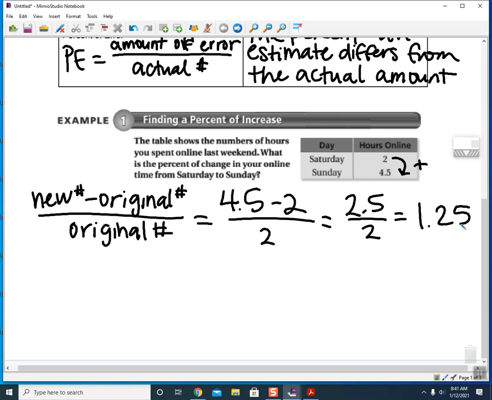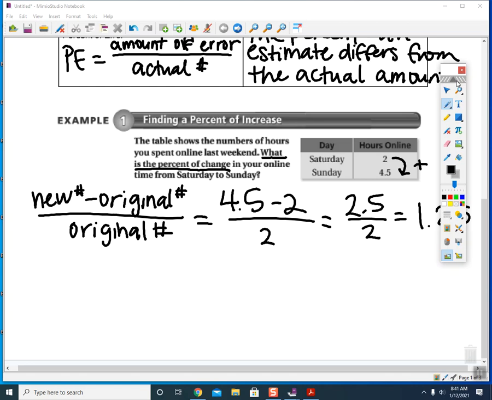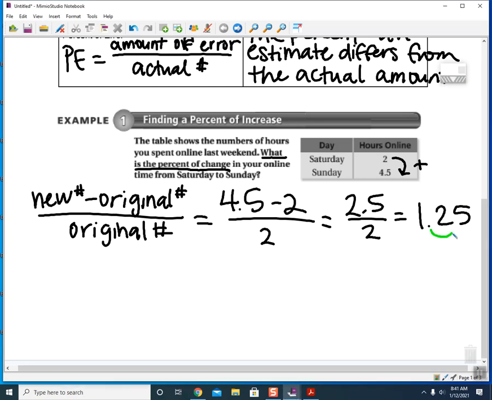Am I done with this? The answer is no. I have to look at the question. The question is, what is the percent of change? Is 1.25 in form of a percent? It's not, right? So what we need to do is take our 1.25, and in order to make a decimal a percent, right, we move the decimal place over 2 spots.